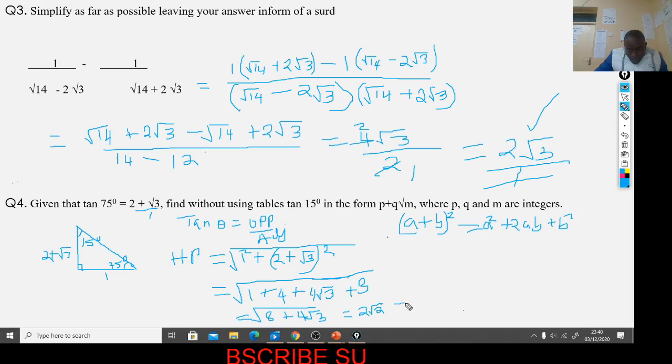Then plus, remember I'm finding the square root of the whole thing, the square root of 4 times the root of 3.